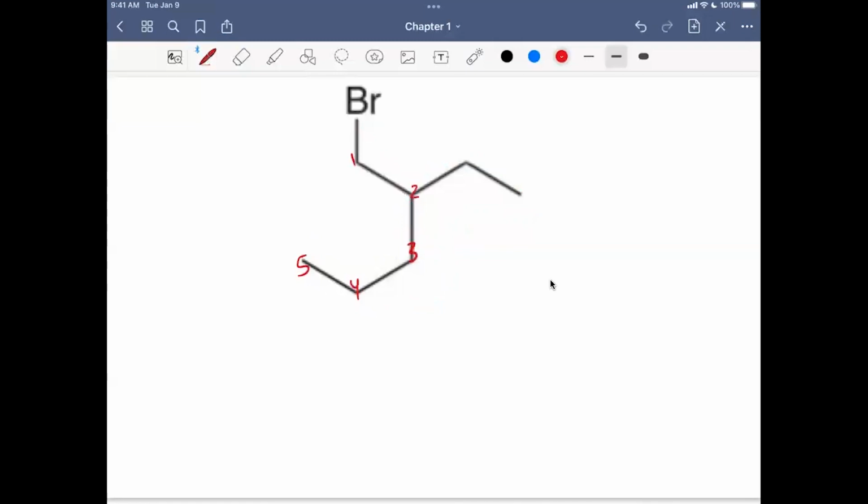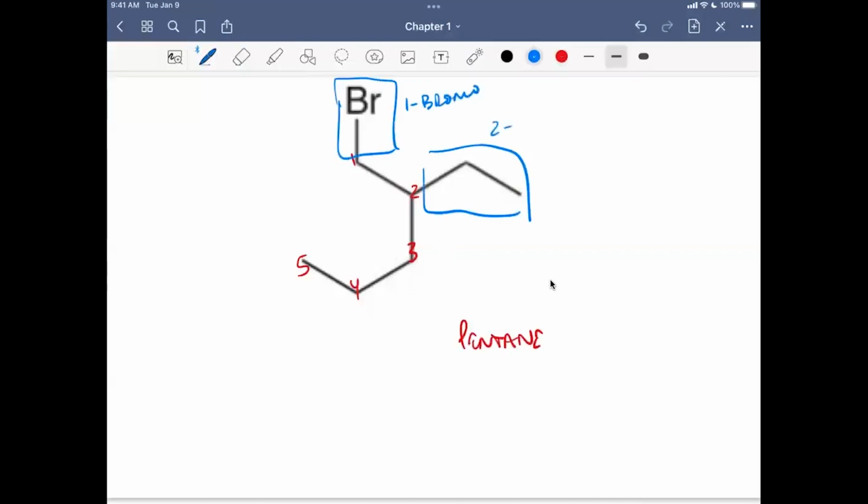So our numbering goes like this, and this would be a pentane as our parent chain. And then looking at naming our substituents here, we have a 1-bromo, it's on carbon number 1, and we have a 2-ethyl, because we have 2 carbons there.